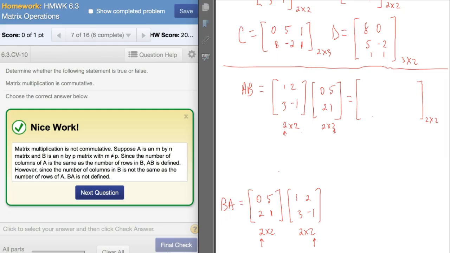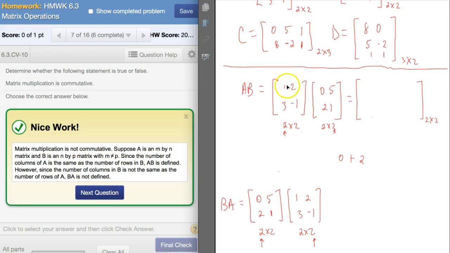So if we look here, how we actually multiply matrices is we multiply each element of each row with the corresponding element in the column of the other matrix. So here we'll be taking 1 and multiplying that times 0, which is 0, plus we'll take 2 and multiply that by 1 here, which is 2.